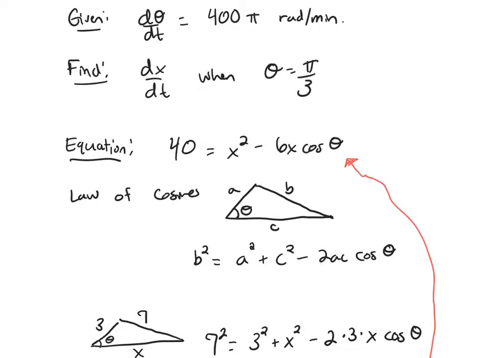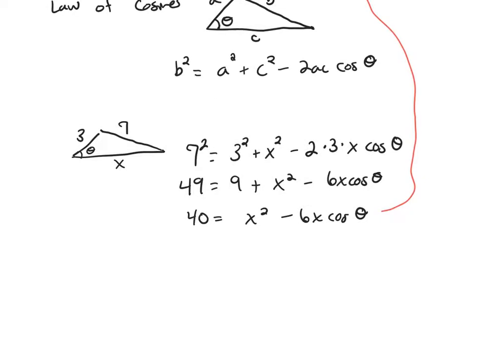All right, so now that I have my equation, I can take the derivative of both sides. On the left, the derivative is 0. The derivative of x squared is 2x dx dt using the chain rule. And then for the derivative here, you're going to have to use the product rule.